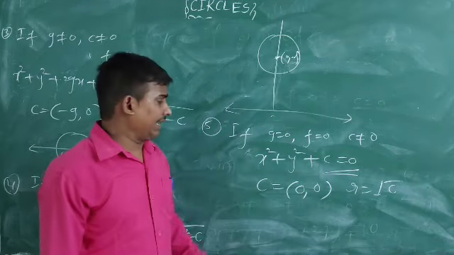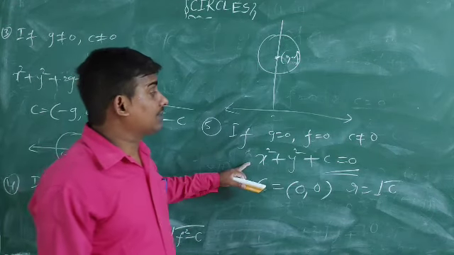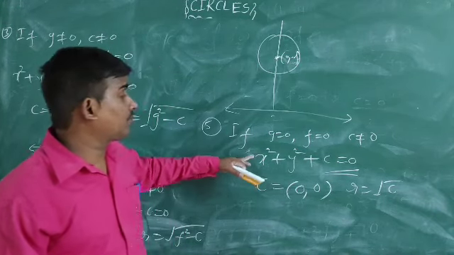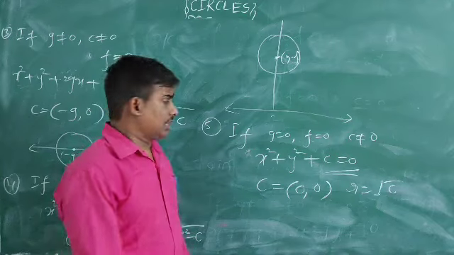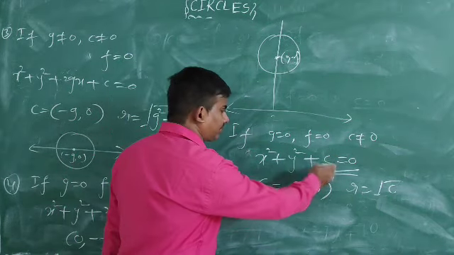Good. This type of circle equation is called the standard form of the circle equation: x square plus y square plus something equal to 0.